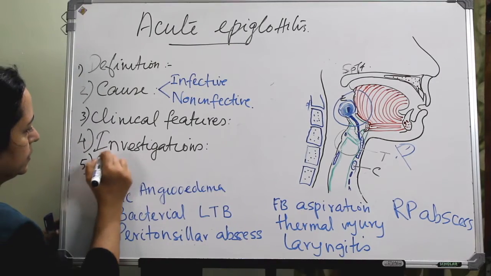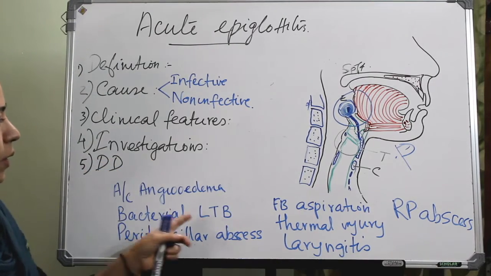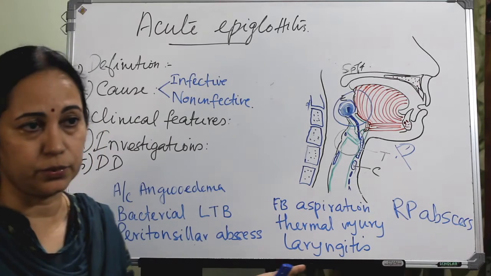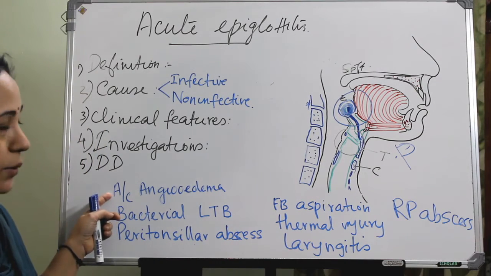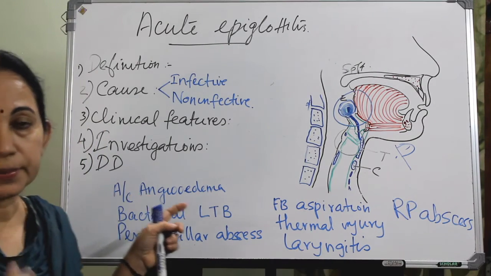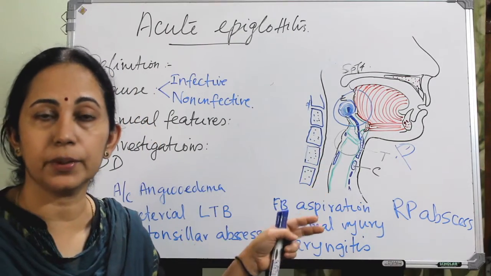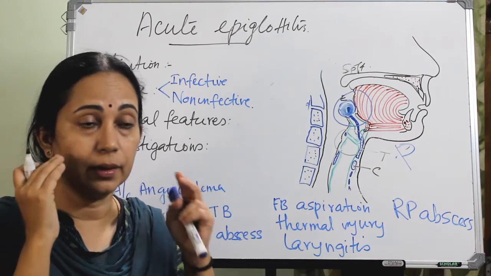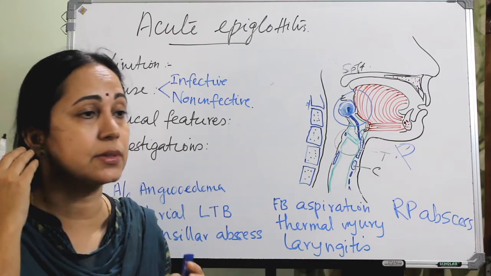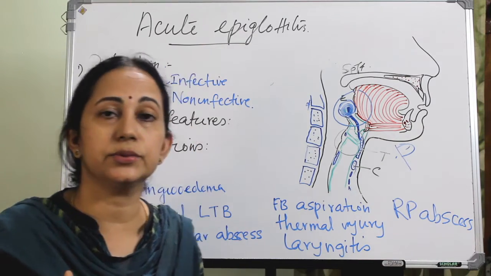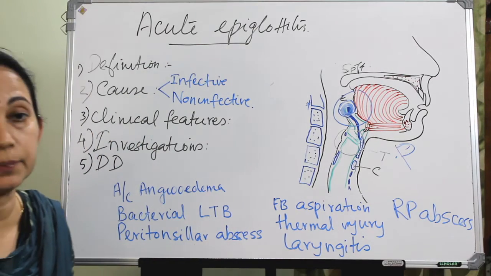These are the common differential diagnoses. First one is an acute angioedema. The presentation will be typical, and along with that there will be edema of the lips or the pinna or respiratory distress, and it will be typical in history. Second is bacterial laryngotracheobronchitis.